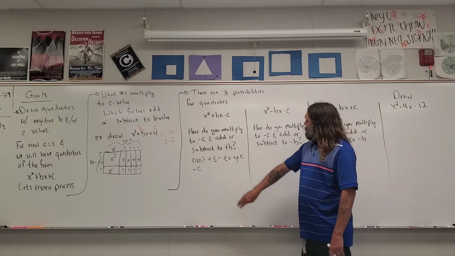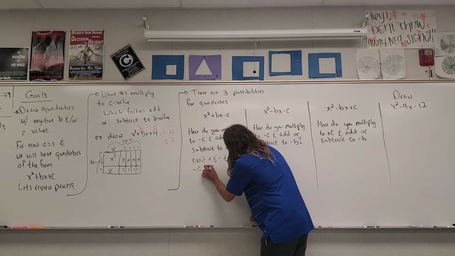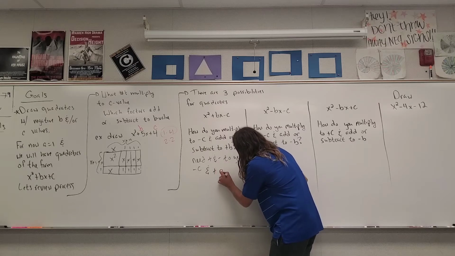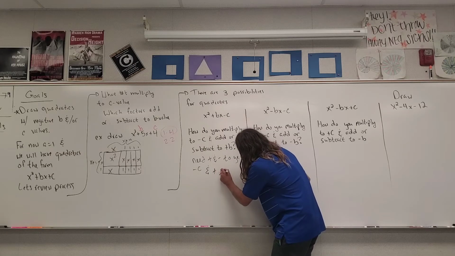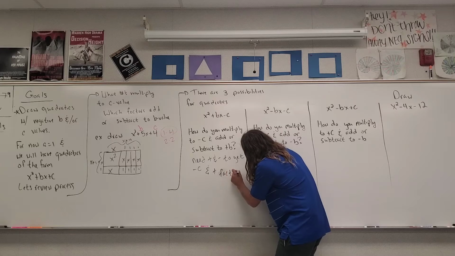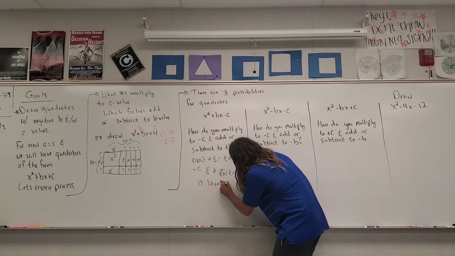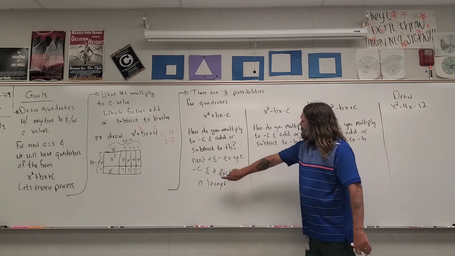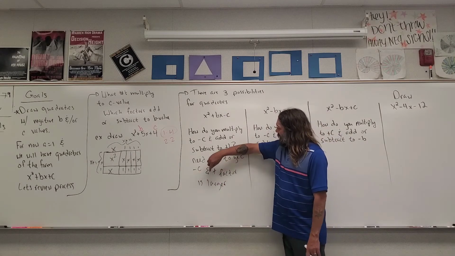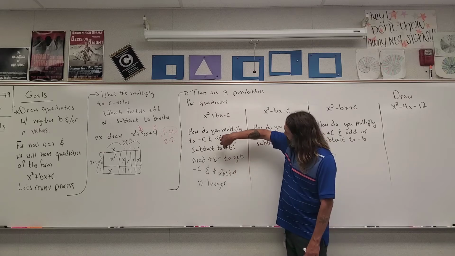Well, the positive number must be larger. The positive factor is larger. So I need a positive and a negative to multiply to a negative c, and the positive factor is larger to add to a positive b.